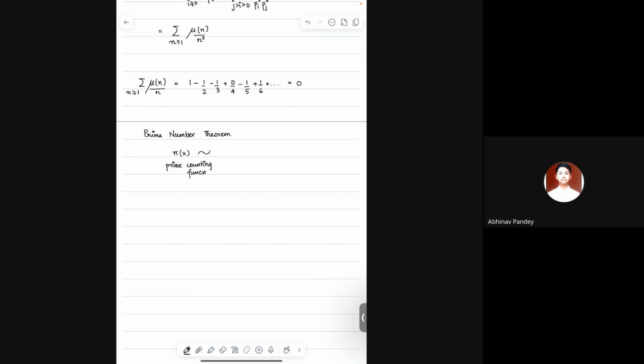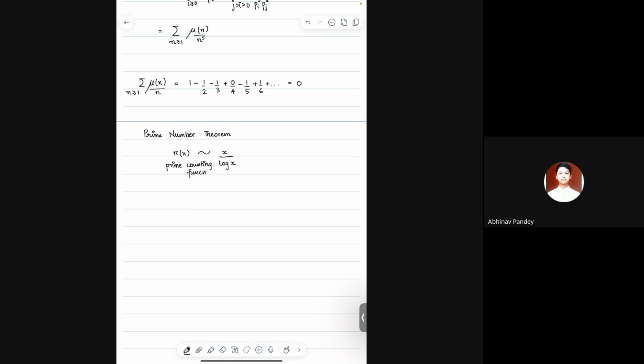This is asymptotic to, this is not equal, right? I'm not saying this is exactly going to be equal to this number, but it's going to be close enough to this number, which is x over log x. So x over log x is not even an integer, so you can understand this cannot be an equality, but this is how fast that function is growing.